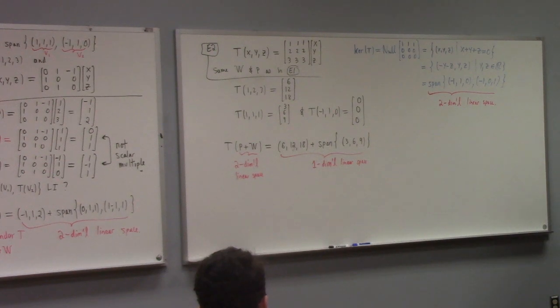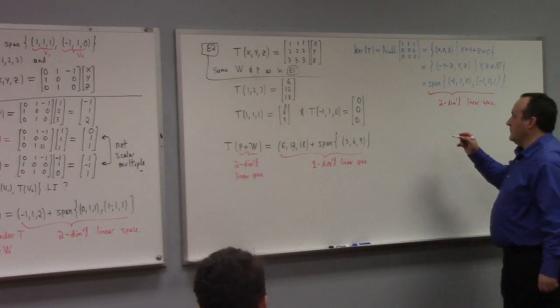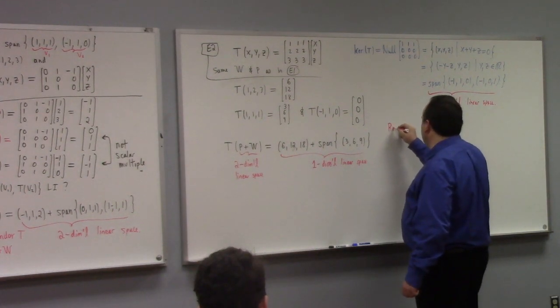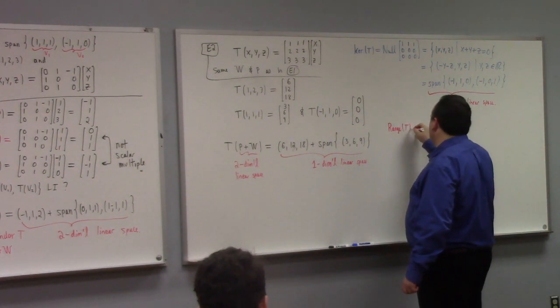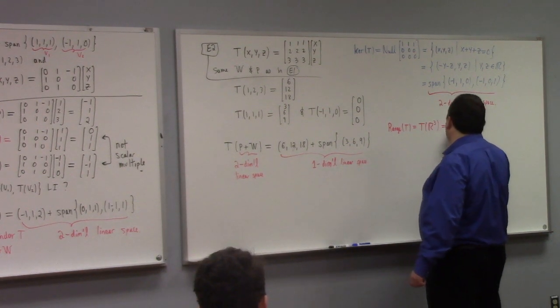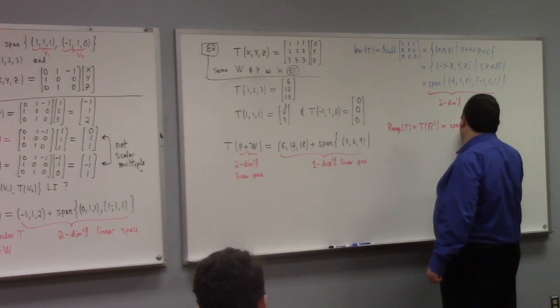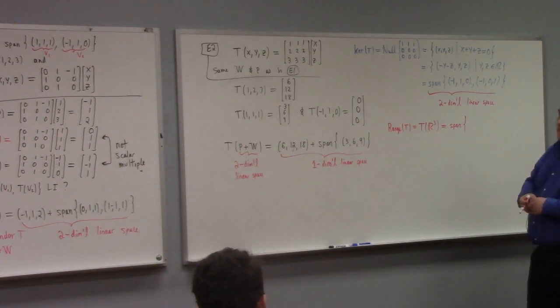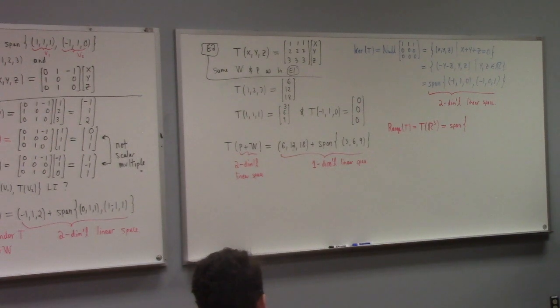What was the problem then? What's the range of T? I guess I haven't talked about that yet. It's also called the image of T, so that would be T of, in this case, R3. What's that equal to? The span of what? What is T of x, y, z? It is a linear combination of the columns of the matrix, right?